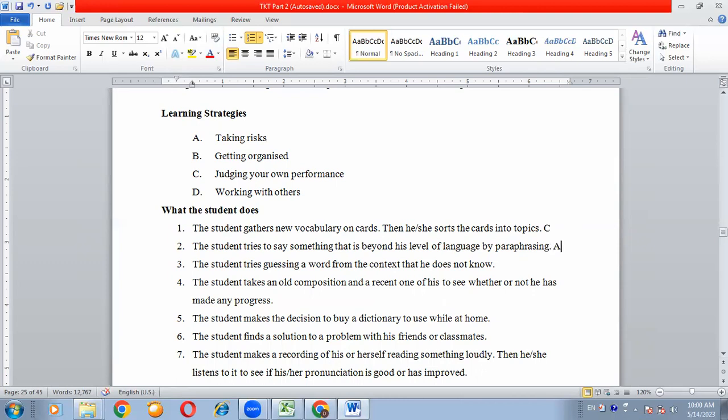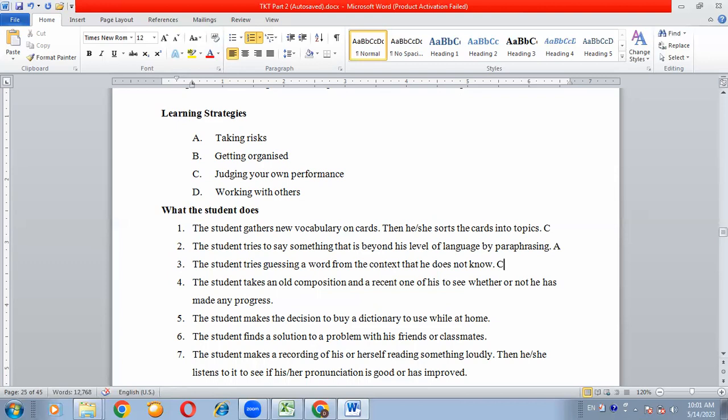Answer should be A, taking a risk. The student tries guessing a word from the context that he does not know. Unknown වචනයක් guess කරන්න උත්සාහ කරනවා. So the answer should be A.